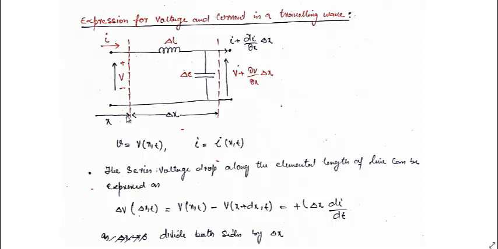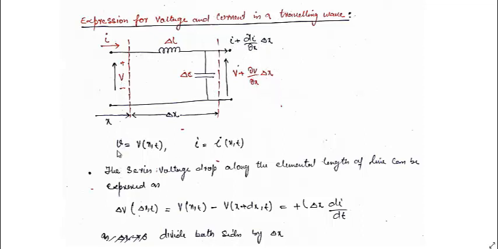Let's say voltage at point x from the sending end is V, and the current flowing through this point is I. And when we move ahead by a delta x, it will have its capacitance per unit length and its inductance per unit length, and upon crossing it the current has changed by this much and the voltage has changed by this much.